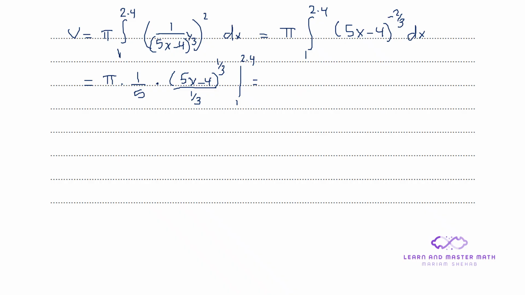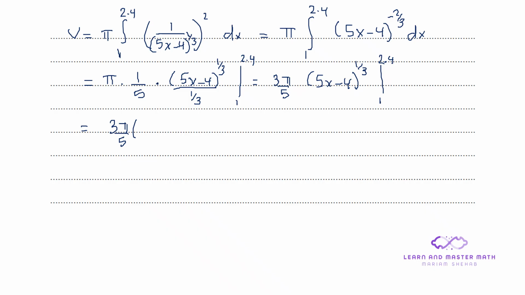I'm going to arrange this a little bit. This will be 3 pi over 5 times (5x minus 4) to the power of a third from 1 to 2.4. Using the fundamental theorem of calculus, this is f of b minus f of a, which results in 3 pi over 5.